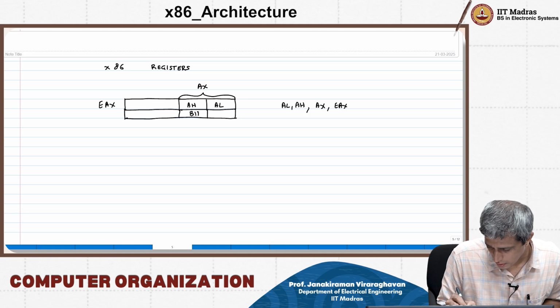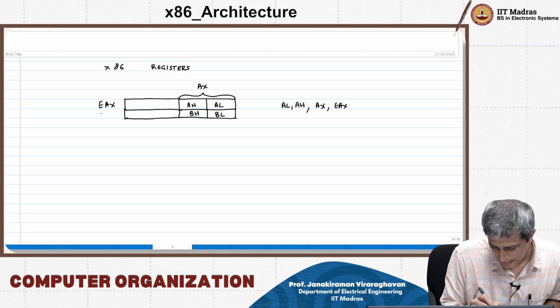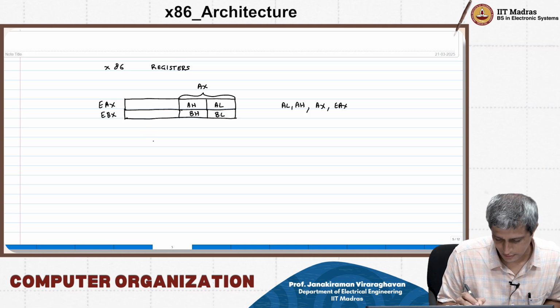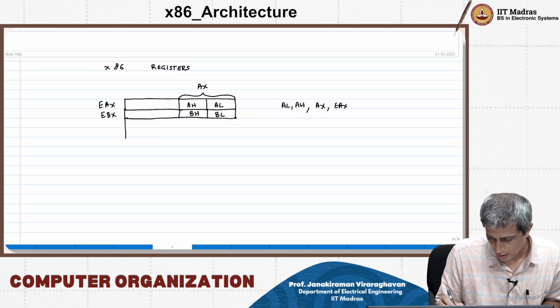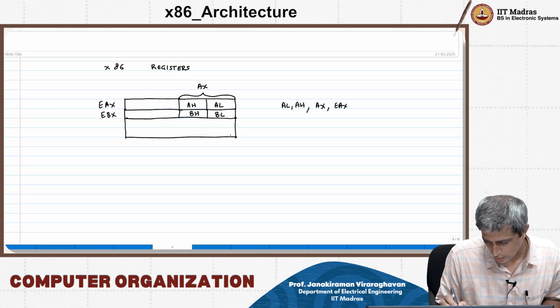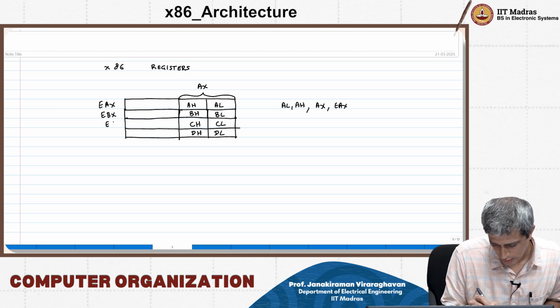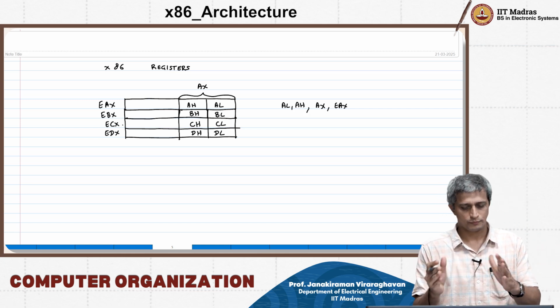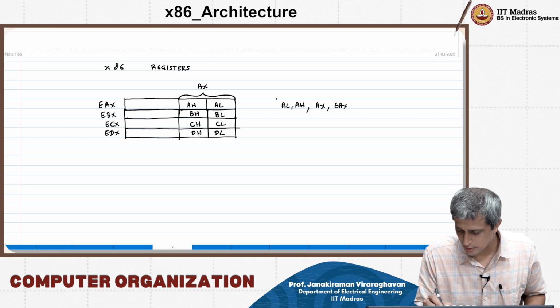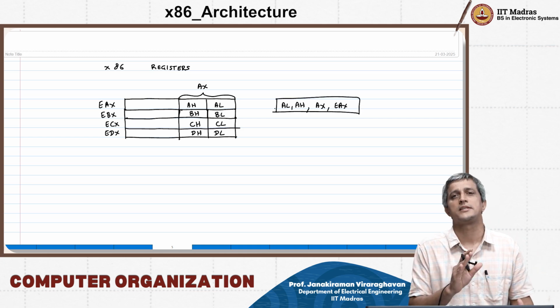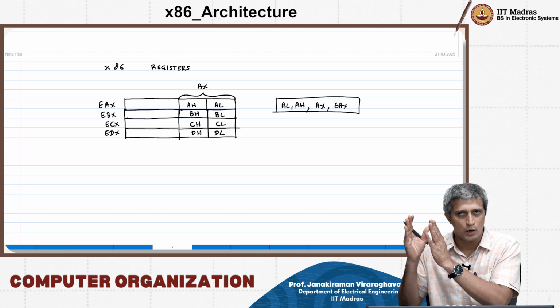So BH, BL, and this is EBX. Same thing for CX and DX as well: CH, CL, DH and DL, ECX, EDX.